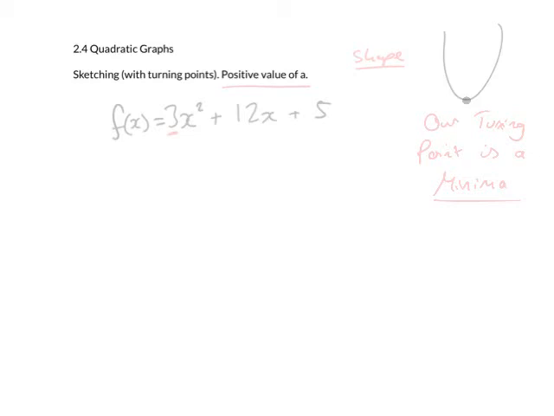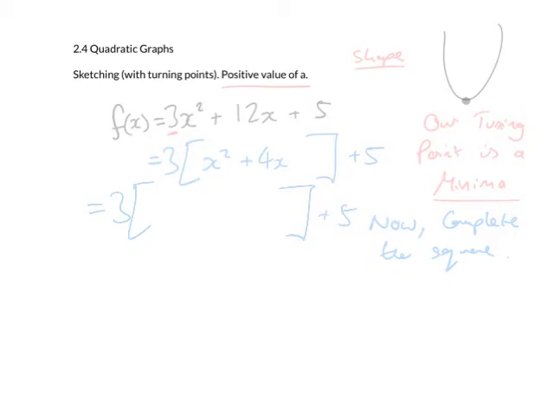In order to find the coordinates of this minimum point, we need to complete the square. The first step is to take the factor out of the first two terms, and then complete the square inside the square brackets, leaving everything outside exactly as it was.